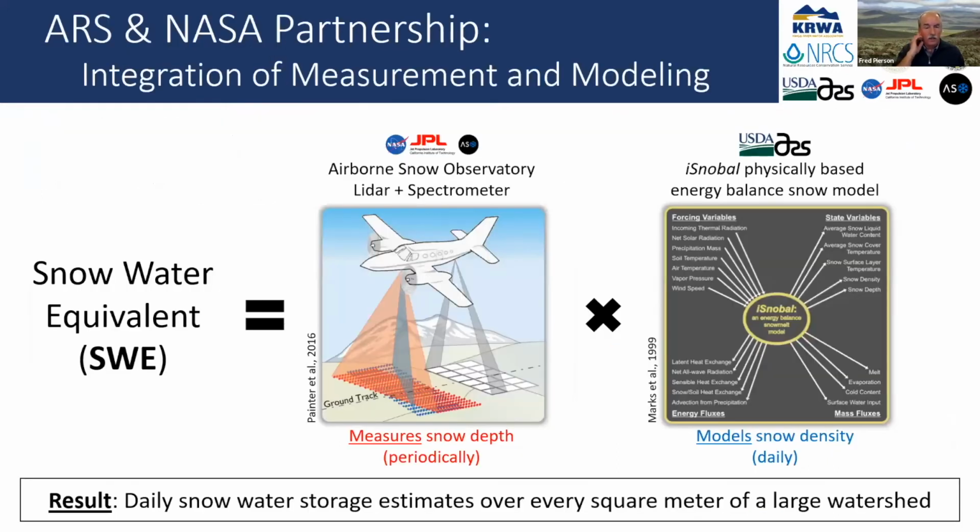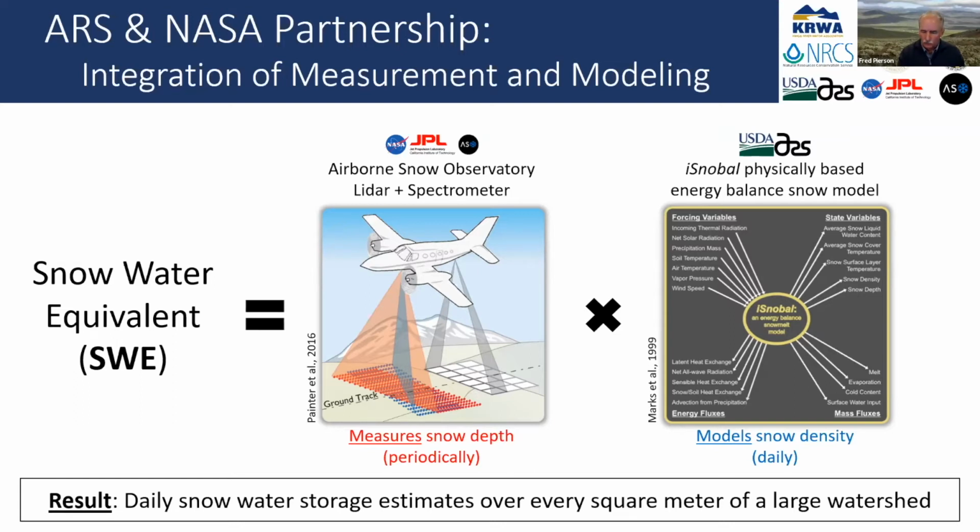So the collaboration here between NASA and ARS really was that in about 2012 or so, NASA JPL began to develop what they called the Airborne Snow Observatory, which is an aircraft running LiDAR and spectrometry across a watershed.